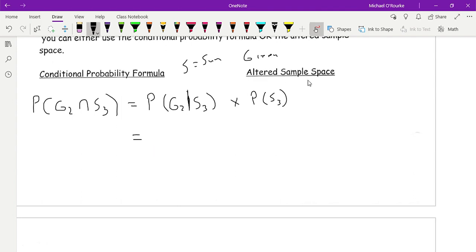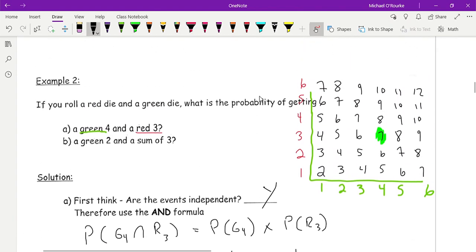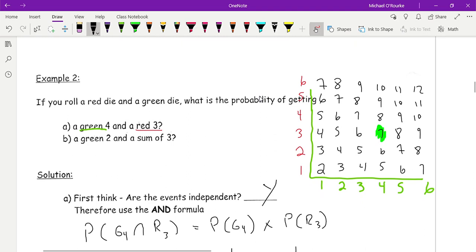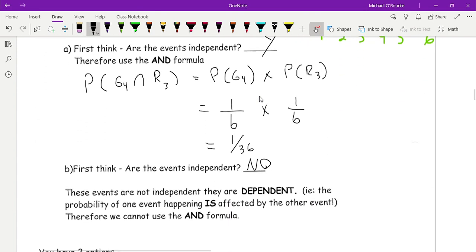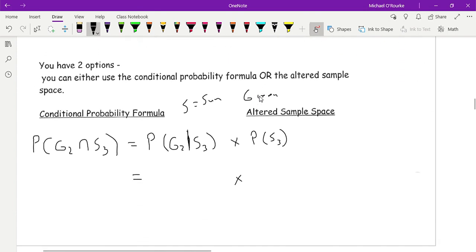So first things first, let's look up here at our chart. I'm going to write this one in first. What's the probability of getting a sum of 3? Two over 36. Good.